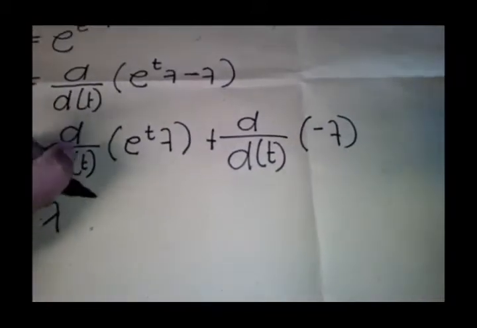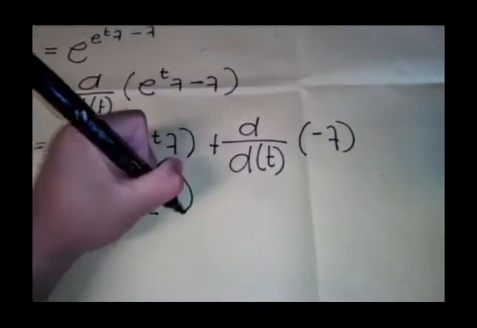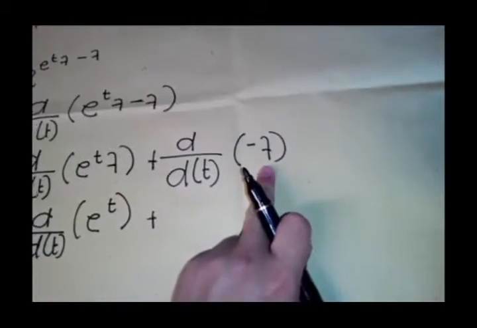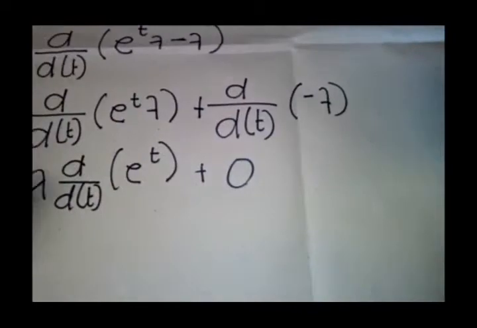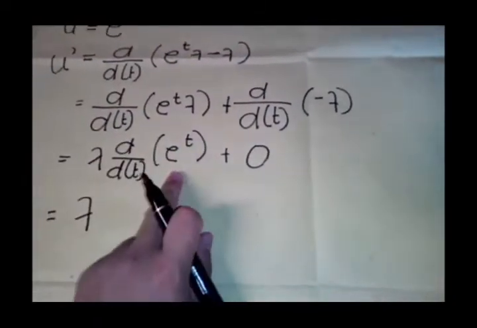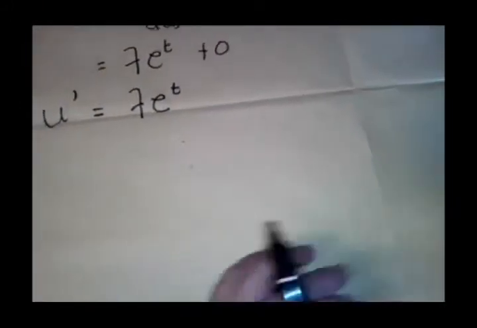So we have lambda times the derivative of e^t with respect to t, plus, since negative lambda is constant, its derivative is equal to 0. Then lambda times the derivative of e^t, which is e^t, plus 0. So we have lambda times e^t. So our u prime is equal to lambda times e^t.